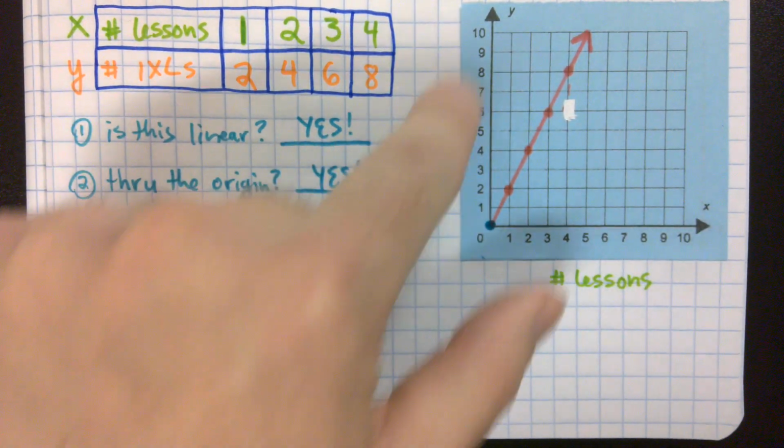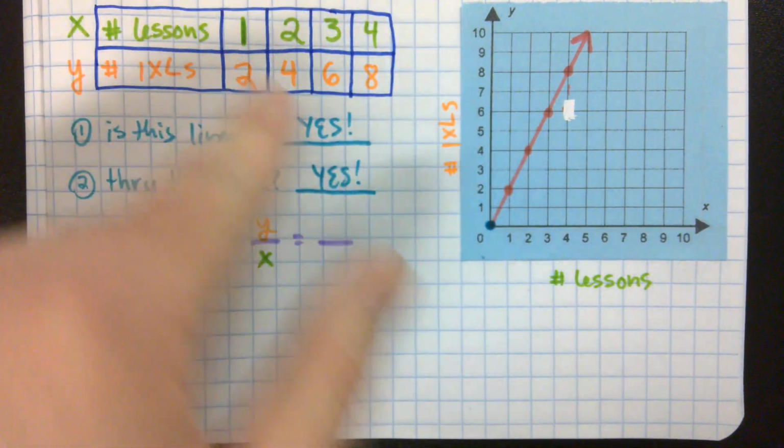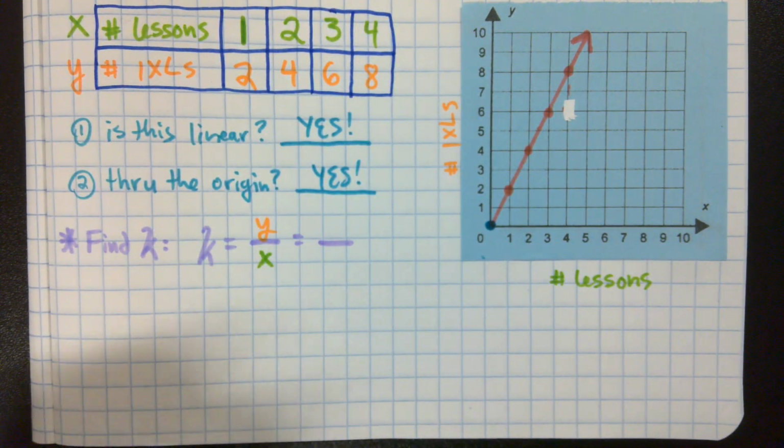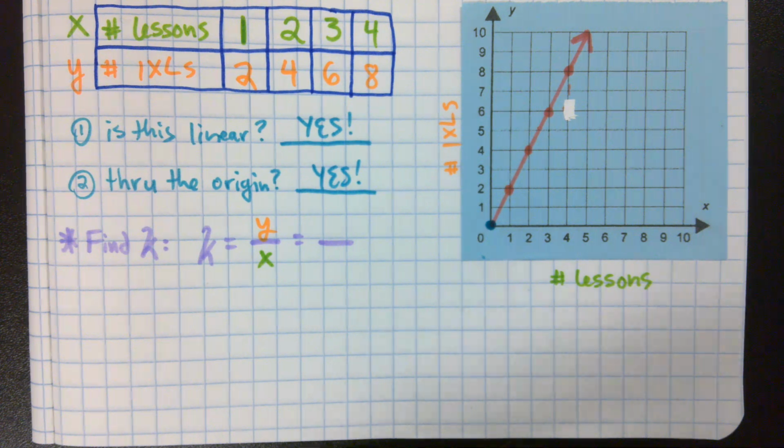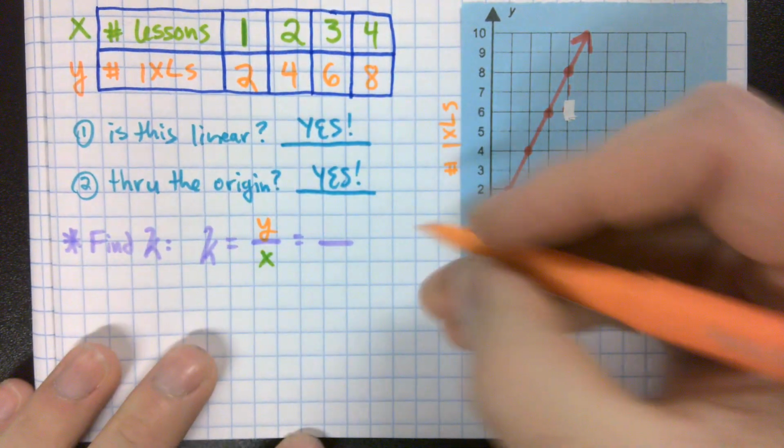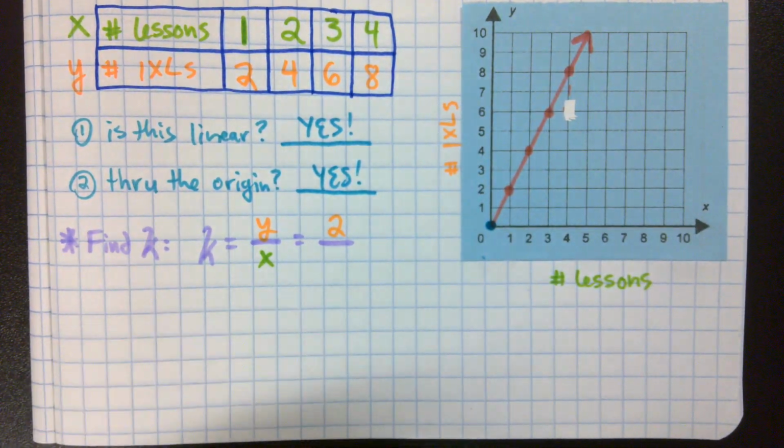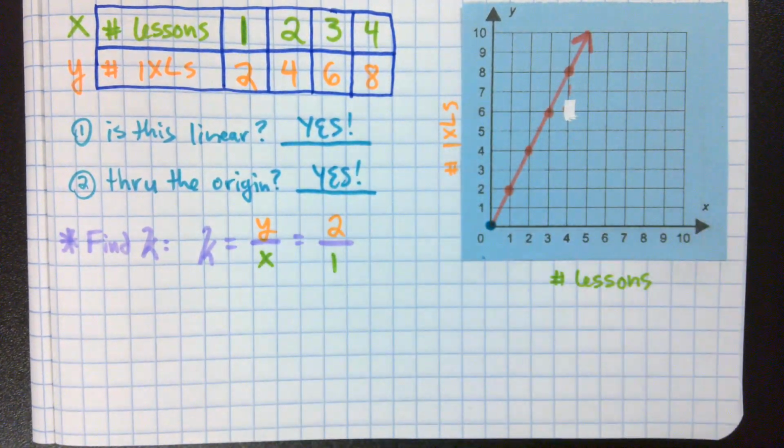So it doesn't matter which of these points from the table that you take. Let's just go ahead and take this first one here. 1 over 2. Y over x would give us 2 over 1.